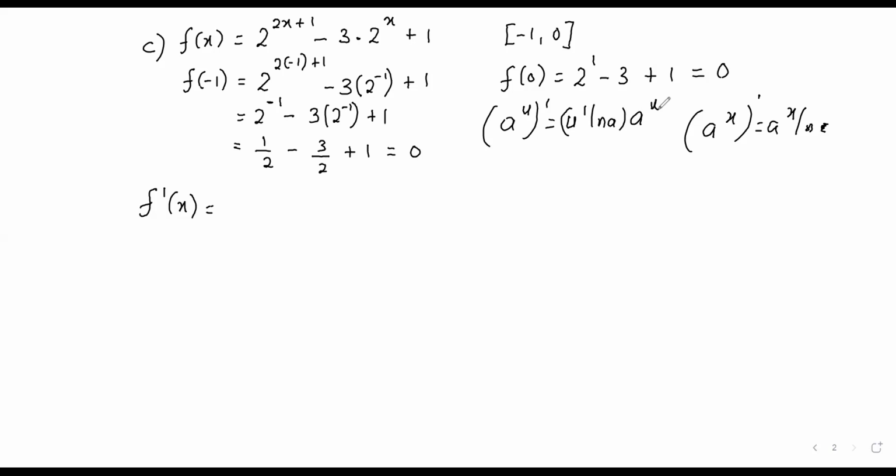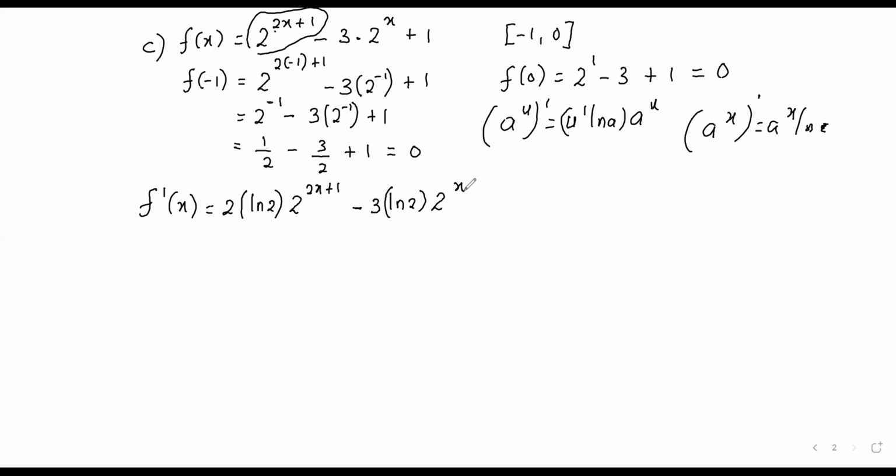So we'll differentiate the power for 2, this one. We differentiate the power, we'll get 2, and then multiply it by ln 2, and then 2 to the power 2x plus 1, minus 3 ln 2, and then 2 to the power x.